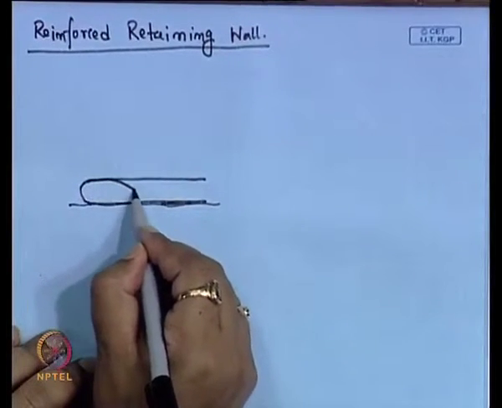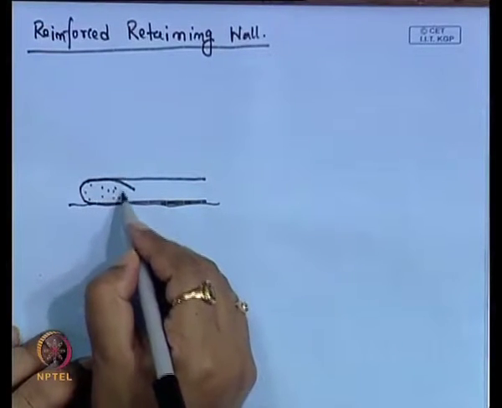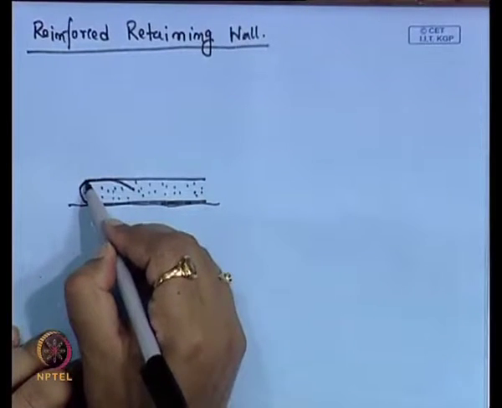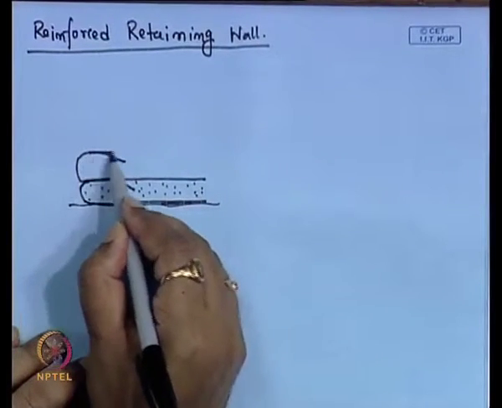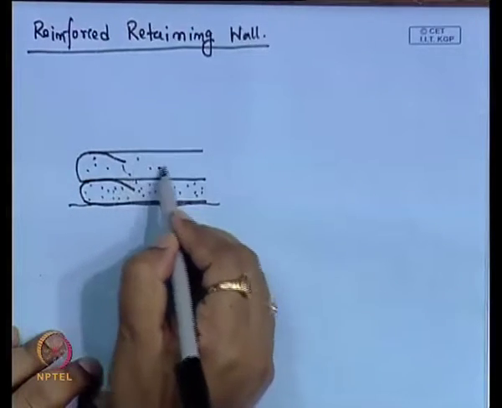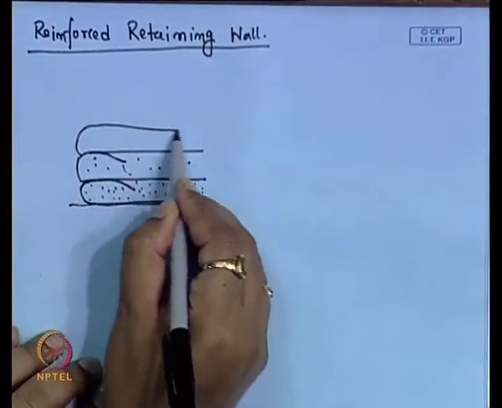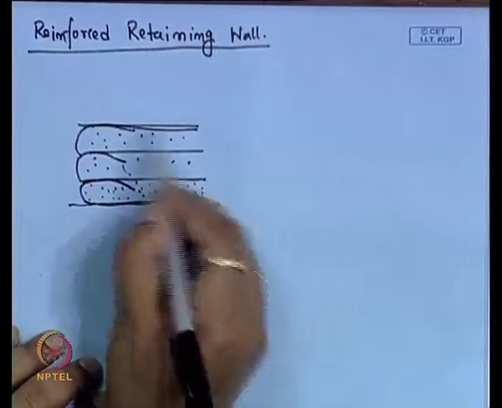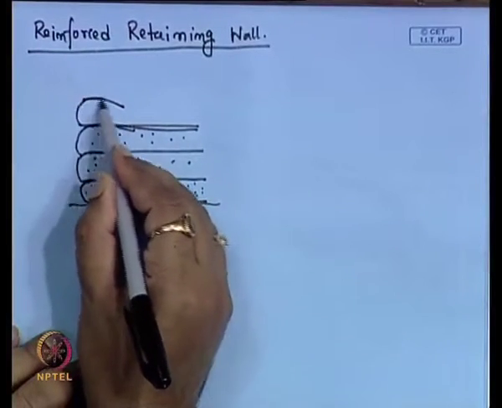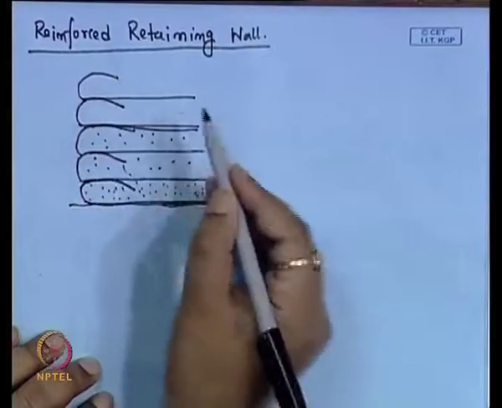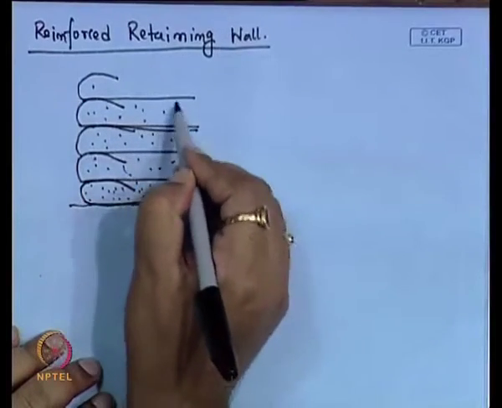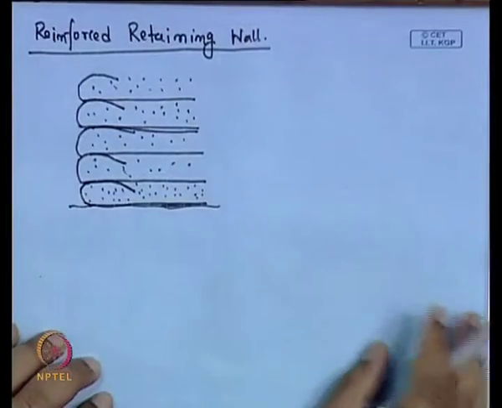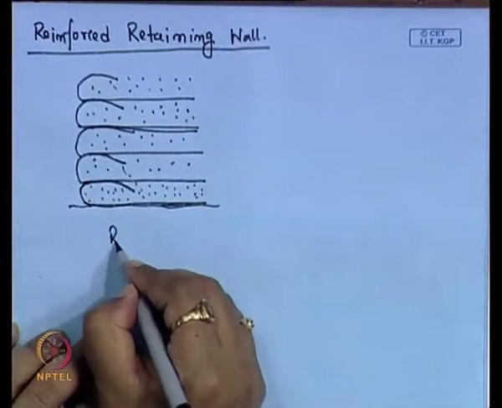This will fold there, and within those two layers, this is the compacted sand, then this is the next layer, this is the next layer, so this is sand. So, this is our reinforced retaining wall.